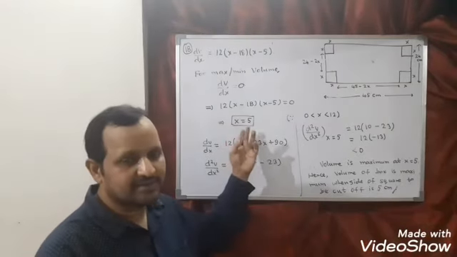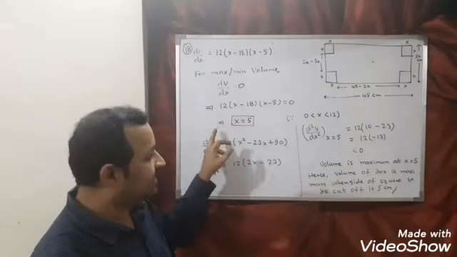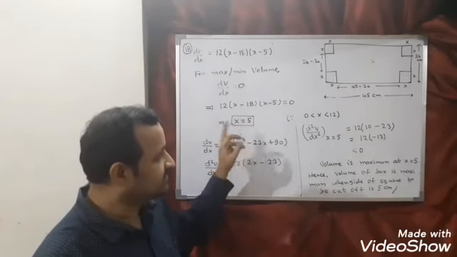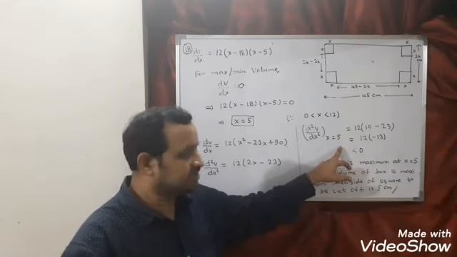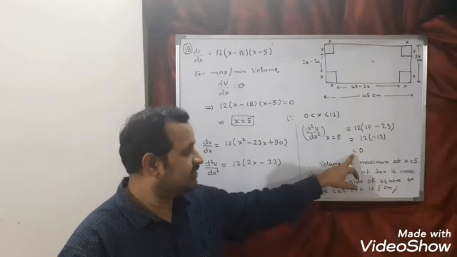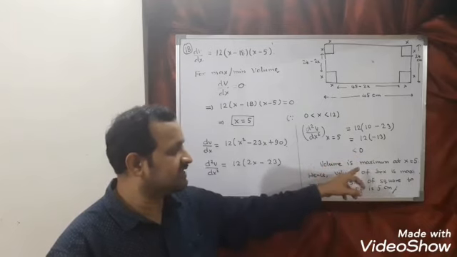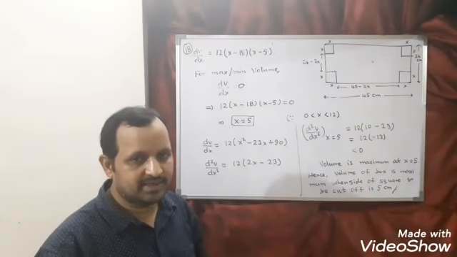So you will get some values of x after satisfying the condition. Find the second derivative at that point. Since the question is maximum volume, the second derivative is negative. So we can say volume is maximum at x is equal to 5. So I think it is clear.